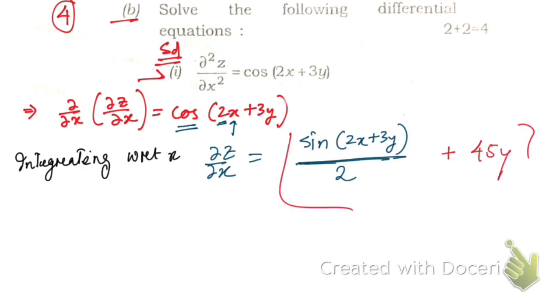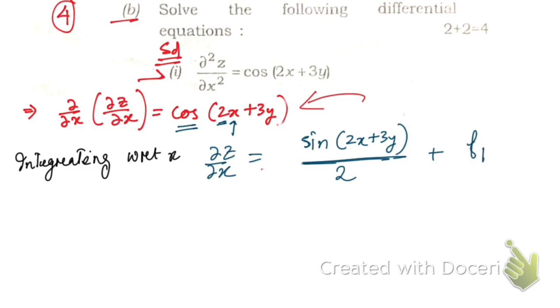If you differentiate this with respect to x partially, then the derivative of this function of y will be 0. That's why you see, what should I write here? We should write an arbitrary function, that is, f1 of y. If you differentiate this one with respect to x partially, then it's going to be 0, right?